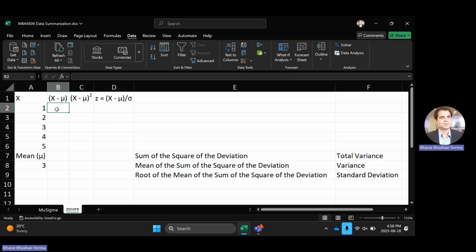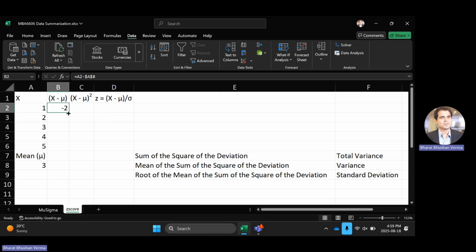So let's calculate these. It is equal to x value minus the mean. We want to keep the reference to mean constant, so that's why we have applied this dollar sign.